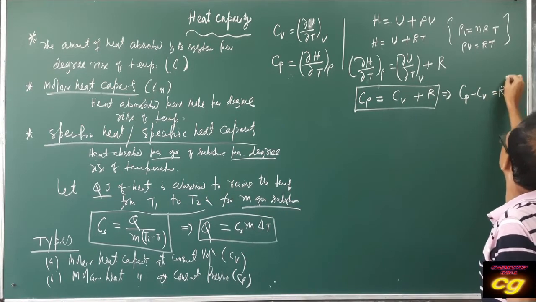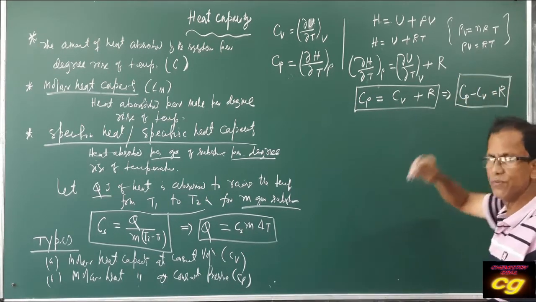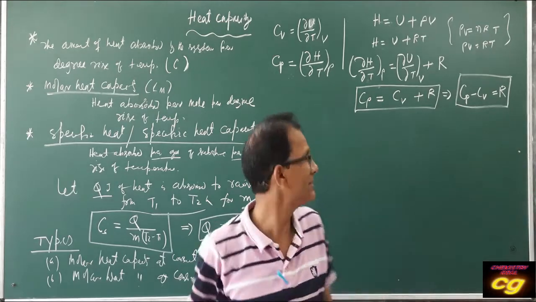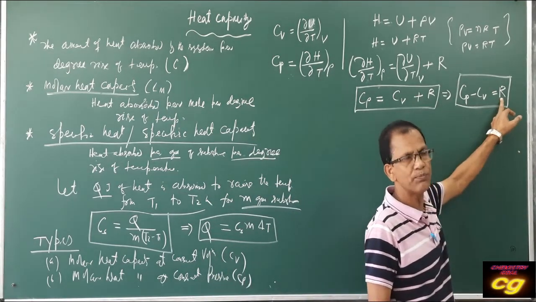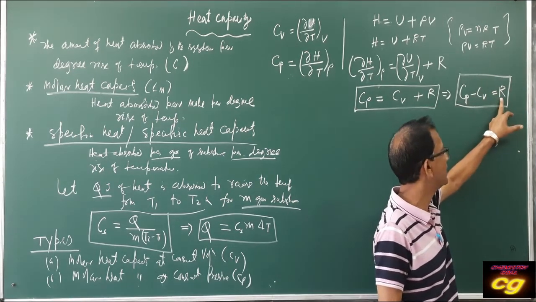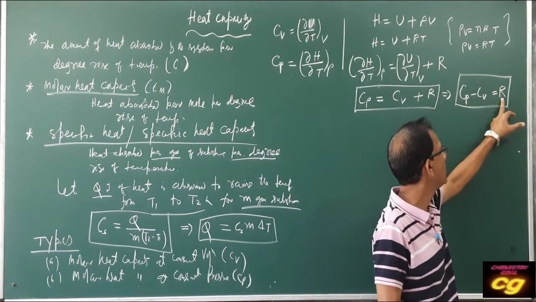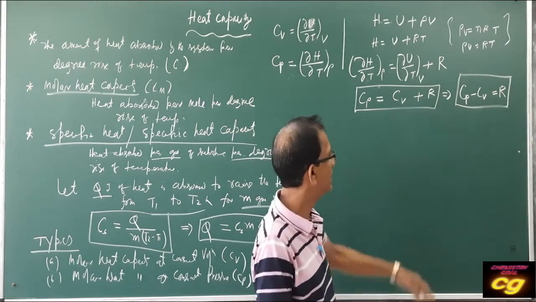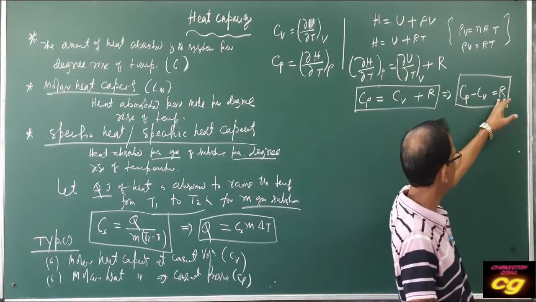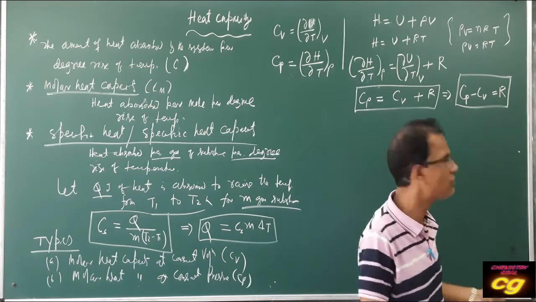is equal to R. What does it mean? R is a physical quantity, and its value is 8.314 in terms of joule.